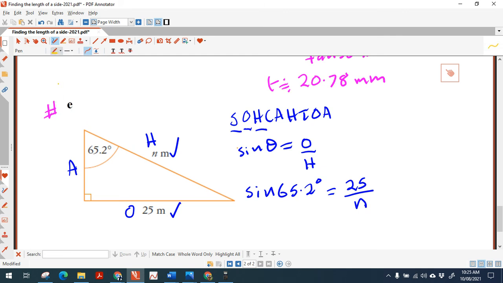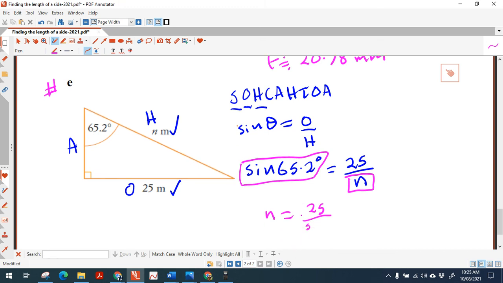So you're going to do the swap. You'll swap all of this with this. That gives you n equals 25 over sine 65.2 degrees.